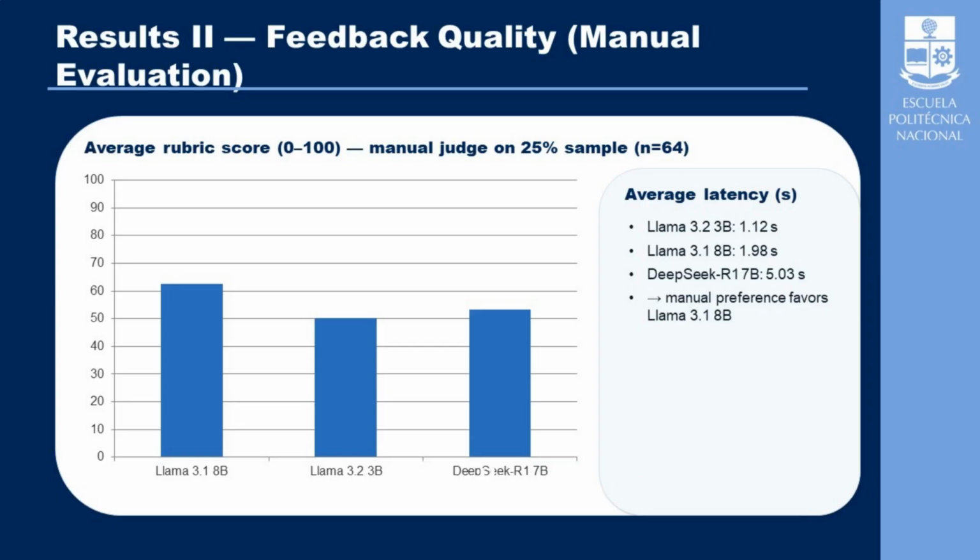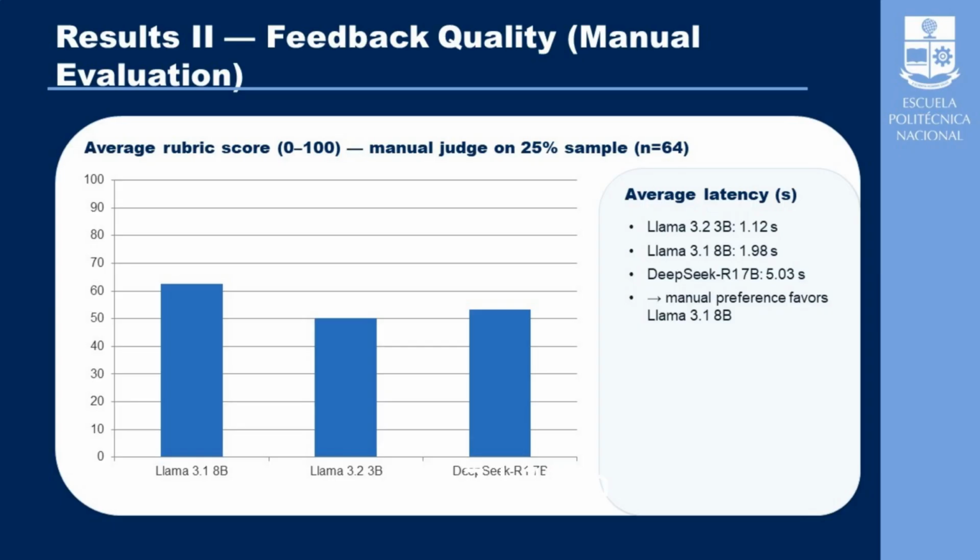Now we turn to feedback generation, and first we look at the manual evaluation results. Here, ITMA evaluators scored the checklist-style outputs using the 100-point rubric on a random 25% sample of the dataset. Here we can see that Llama 3.1, 8 billion parameters, performs the best, with an average score of 62.45 out of 100.